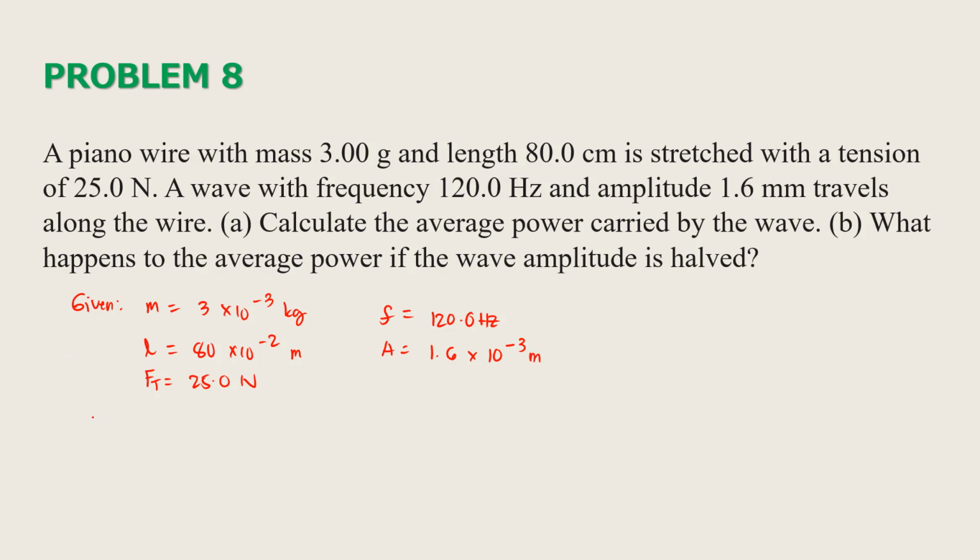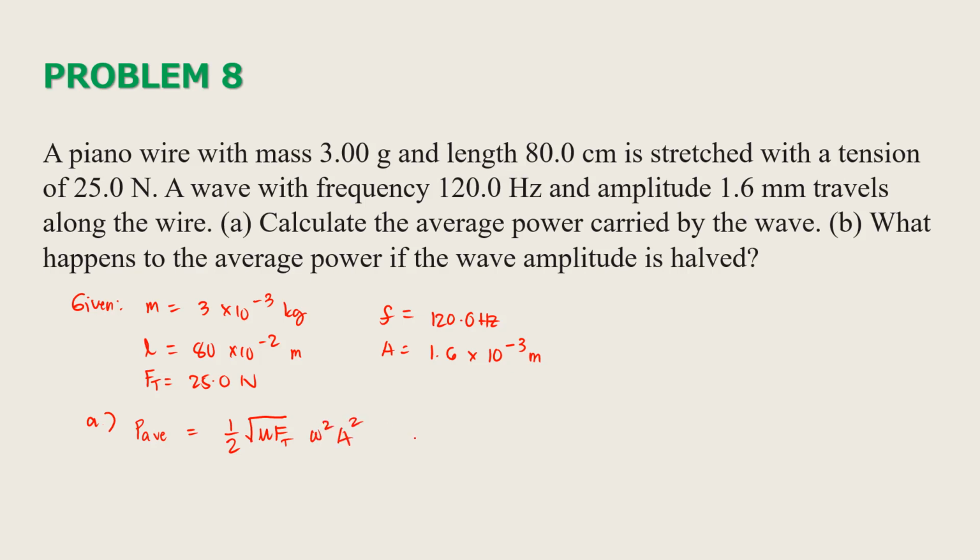So first, we have to calculate the average power. P average is equal to 1/2 times the square root of mu times F sub T, times omega squared A squared.